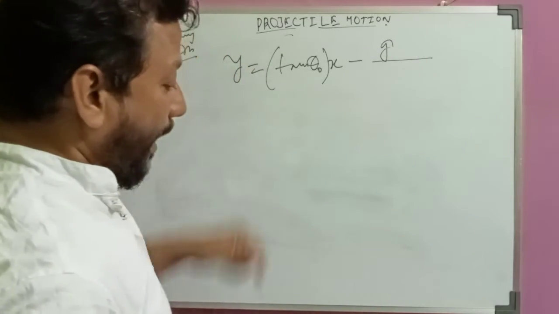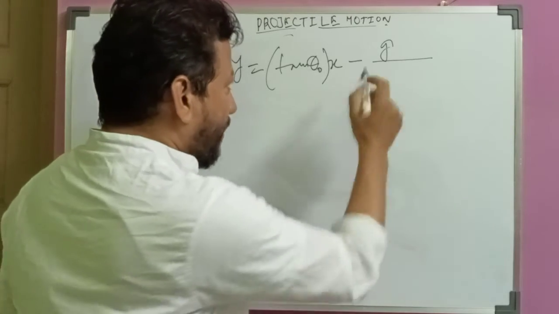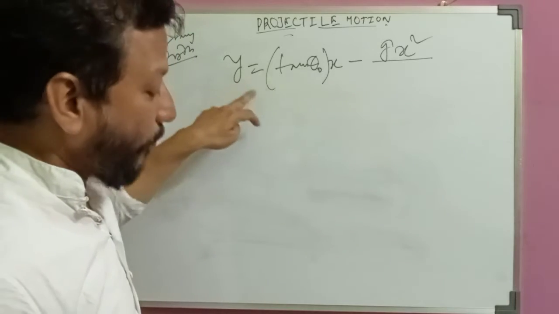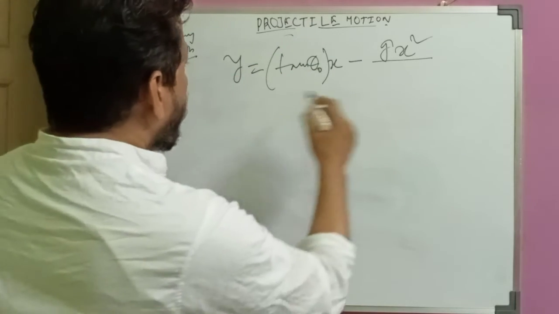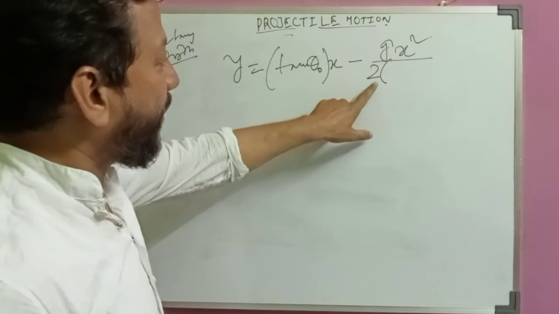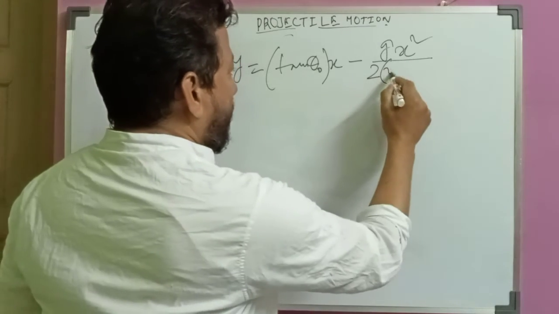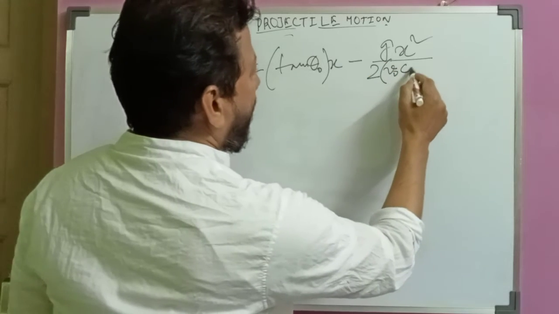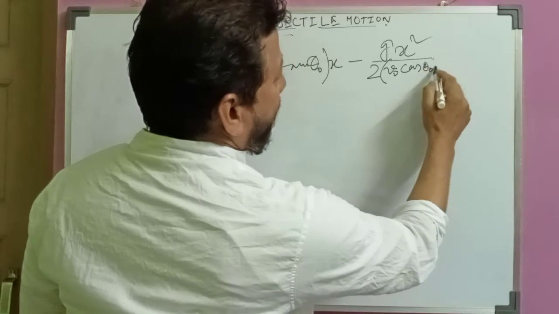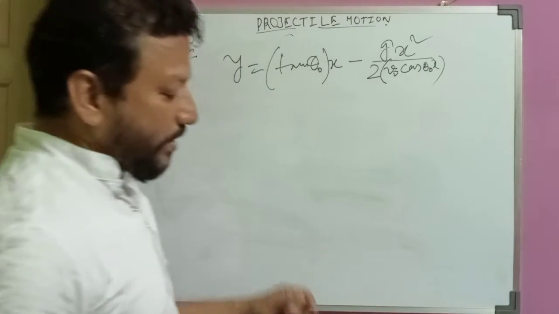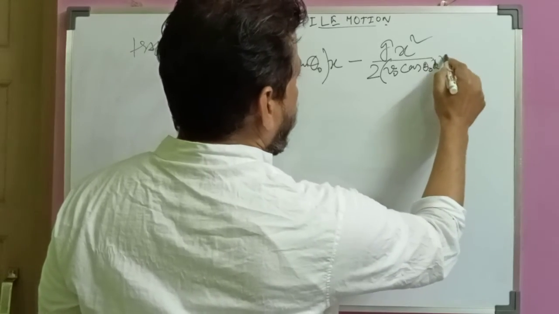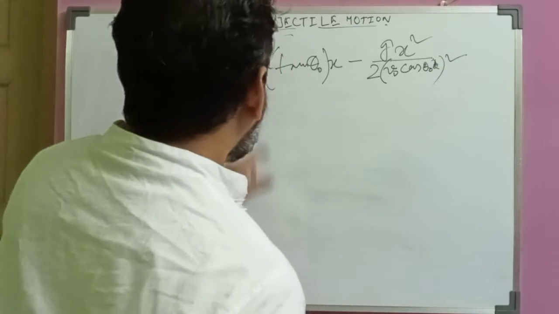This g along with x square. Now the formula will have 2, and similarly, what we previously learned, cos theta naught squared.